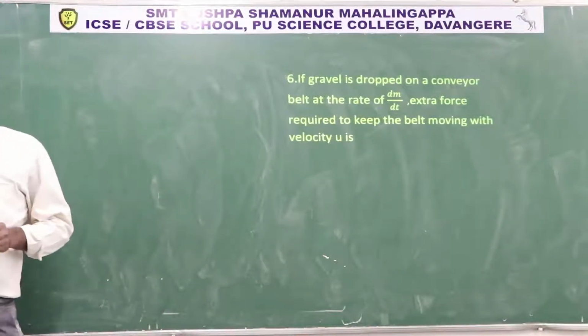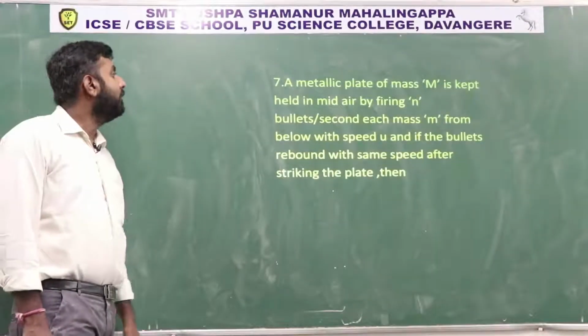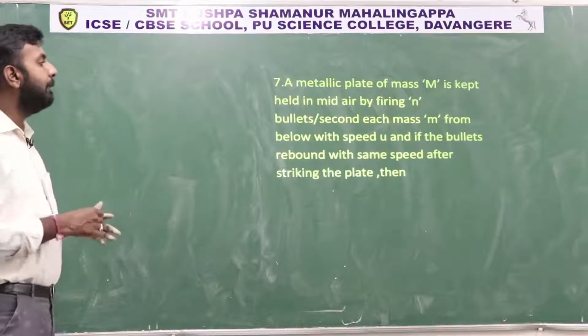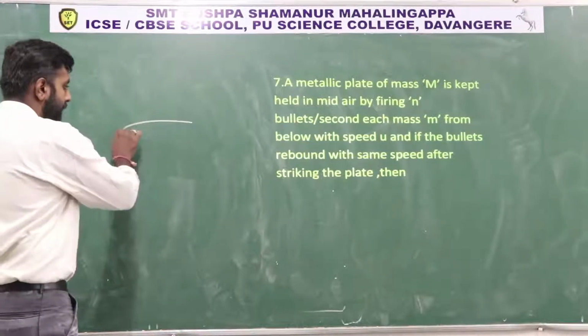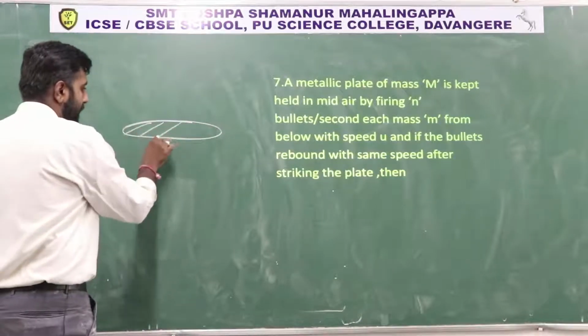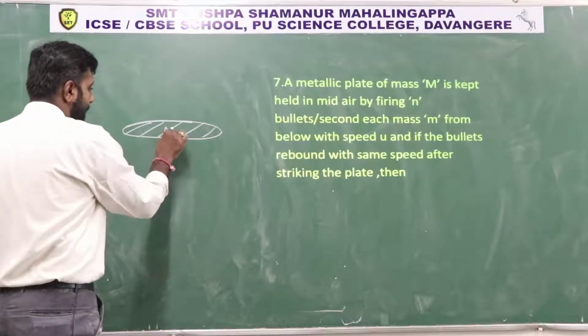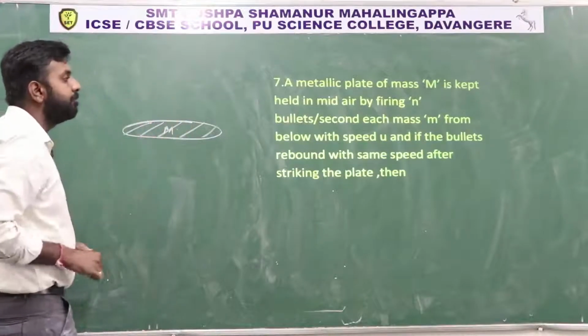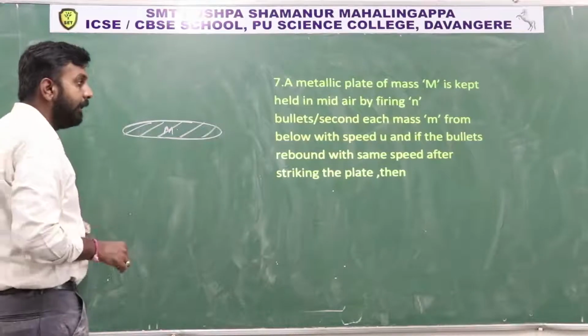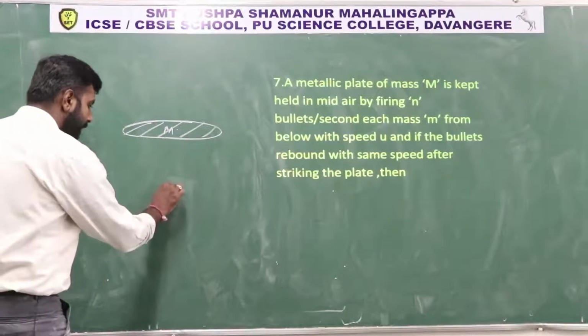In the next application, the 7th one, a metallic plate of mass m is kept in mid-air. You can imagine this is a metallic plate, its mass is capital M. It is in mid-air by firing n bullets per second.